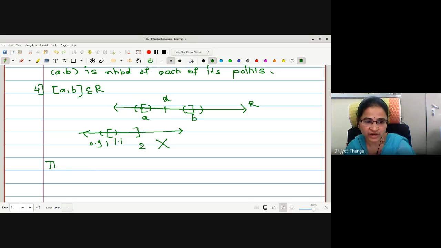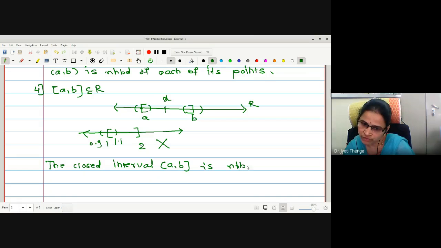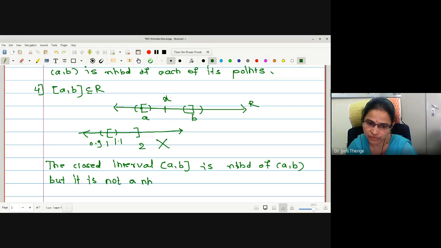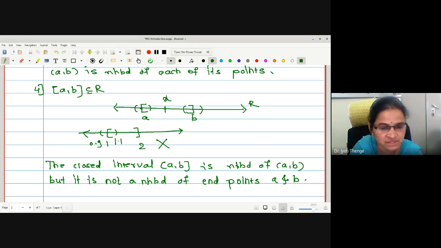So I will write: the closed interval AB is a neighborhood of the open interval's inner points only, but it is not a neighborhood of the endpoints A and B. Does everyone agree with this or not?